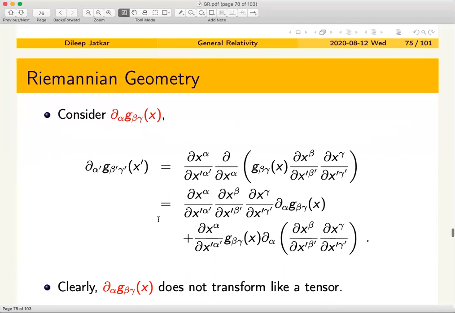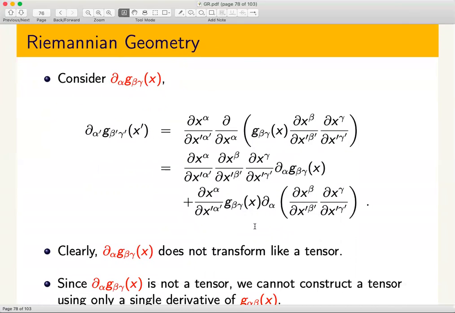It's not exactly inhomogeneous, in the sense that it does contain g beta gamma inside it, but g beta gamma can just be used to raise and lower indices, so this piece would look very much like an inhomogeneous piece. A tensor wouldn't have a piece like this; it would have had only the first row of this transformation. So in that sense, the partial derivative of g beta gamma is not a tensor.